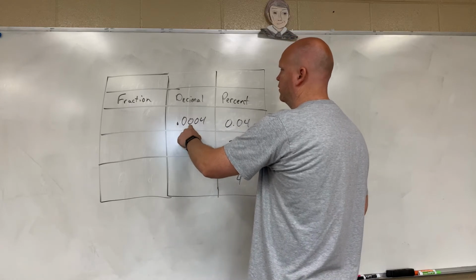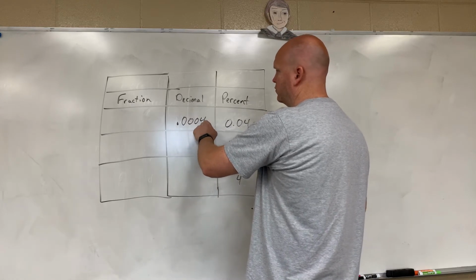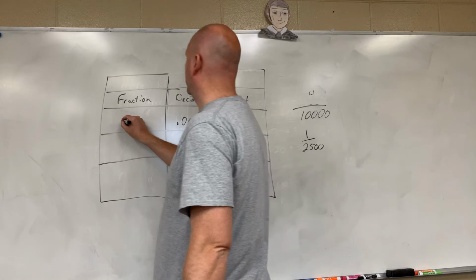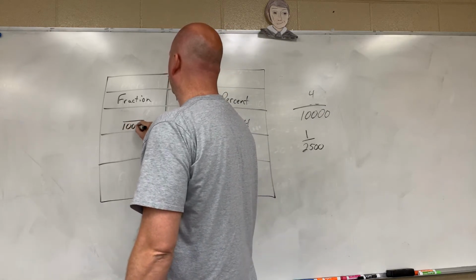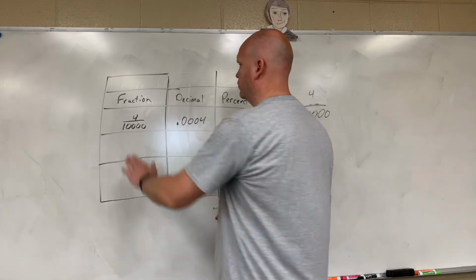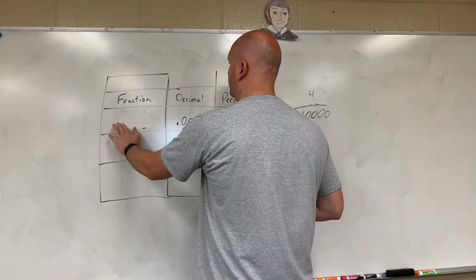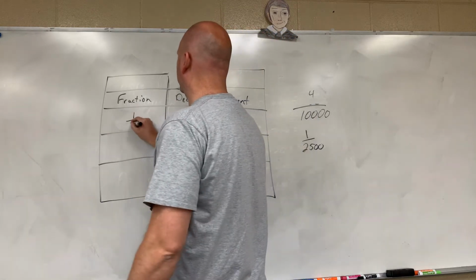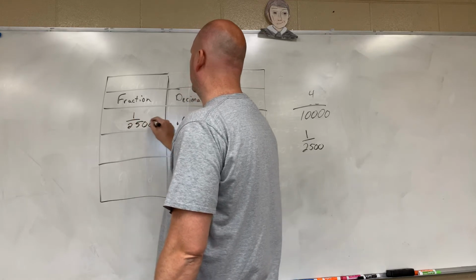This is tenths, hundredths, thousandths, ten-thousandths. So we have 10,000 on the bottom and 4 on the top because that was the value, and then we reduce it again, which was the 1 over 2,500. So you can do it either way.